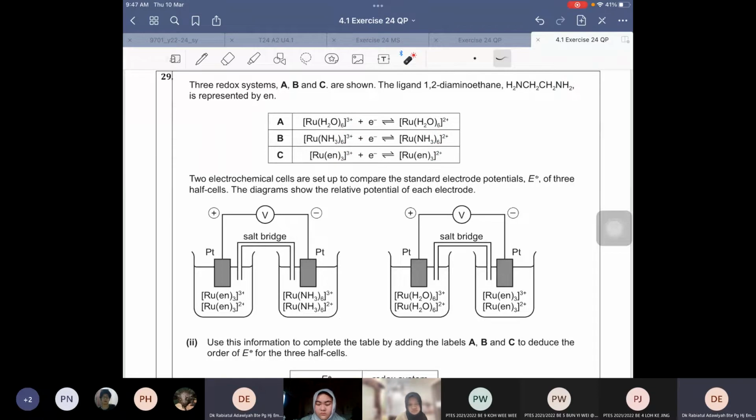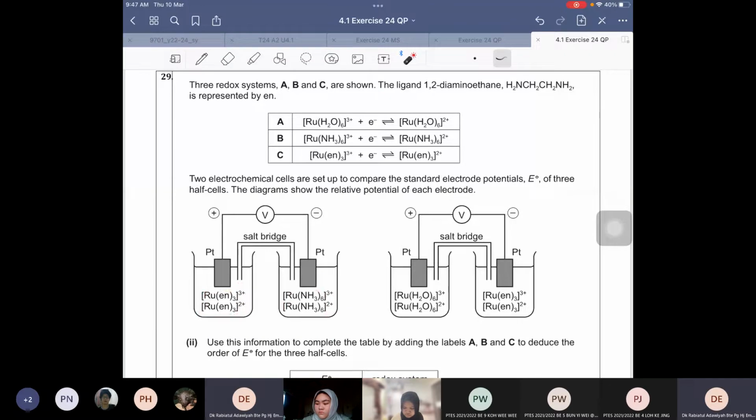So you don't have to worry about them. For now, we just assume this as the half cell of ruthenium with water, which I will refer to as water, then ruthenium with ammonia, which I will refer to as ammonia, and then with En. So you've got two different cells here. First, we want to look at the cell for a system between En and ammonia.